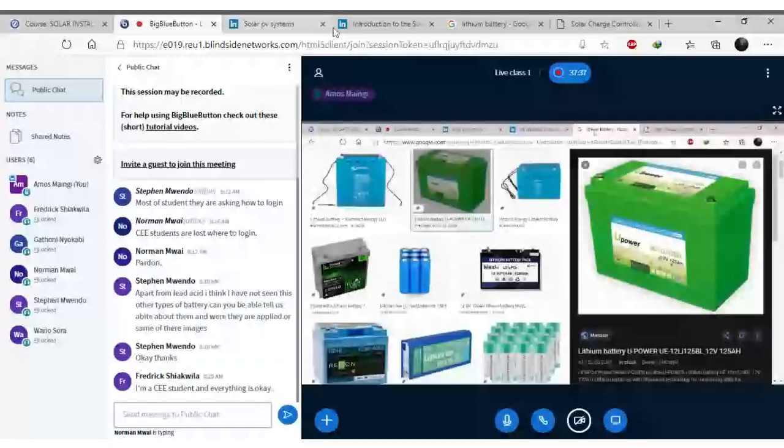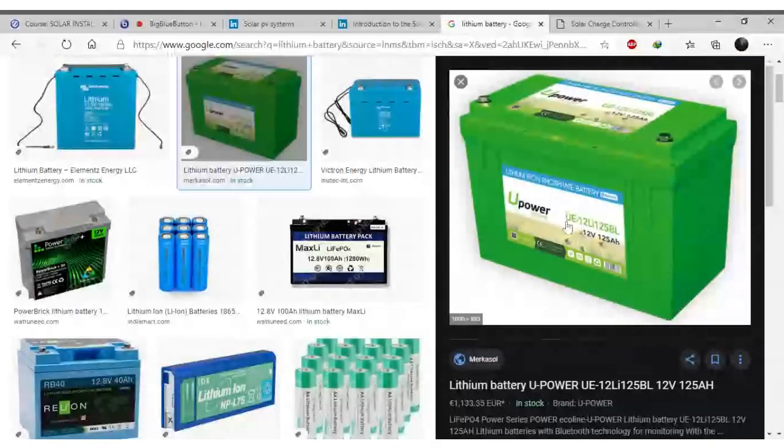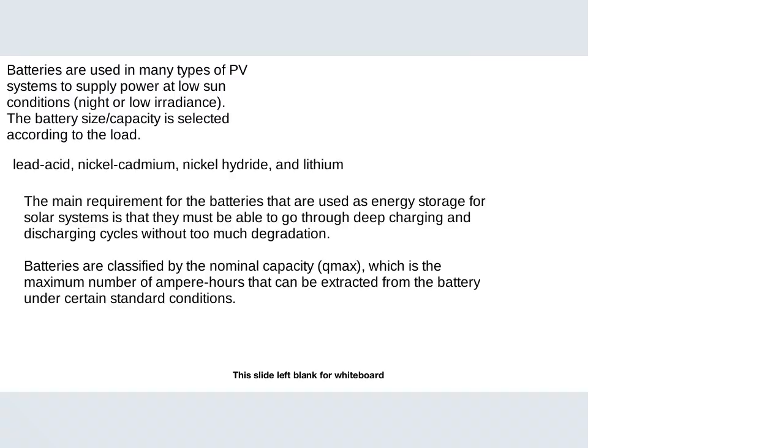This is the lithium batteries we are talking about. This right here. And others. I believe we can continue.